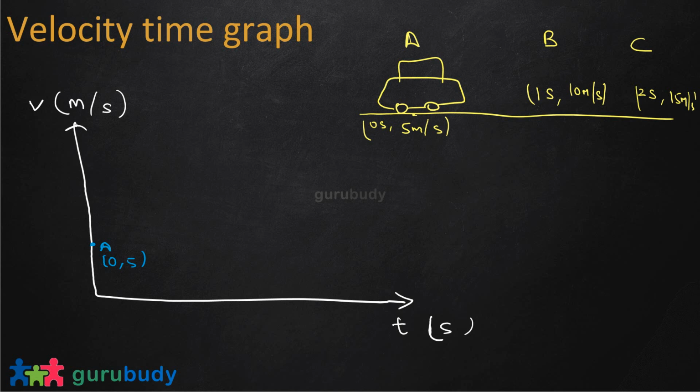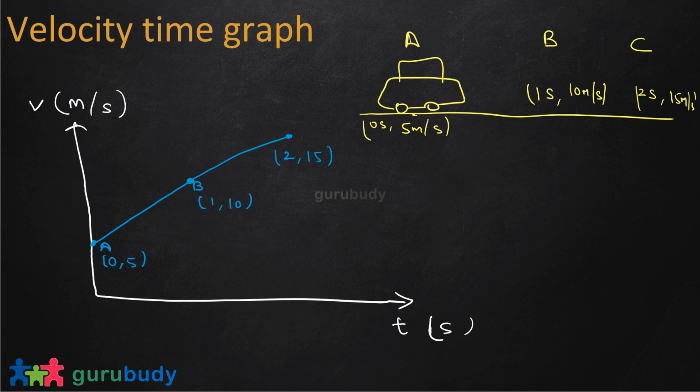It goes from point A to point B, which is 1 second and 10 meters per second. Then it goes from B to C, which is 2 seconds and 15 meters per second, right? So if I'm connecting all this, remember we're connecting these dots in a velocity time graph.